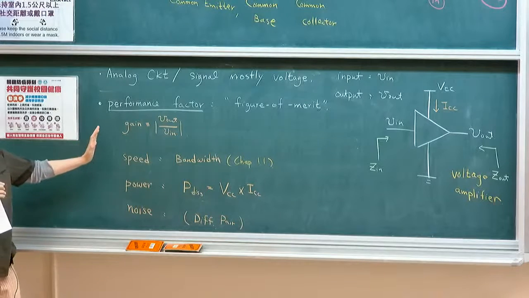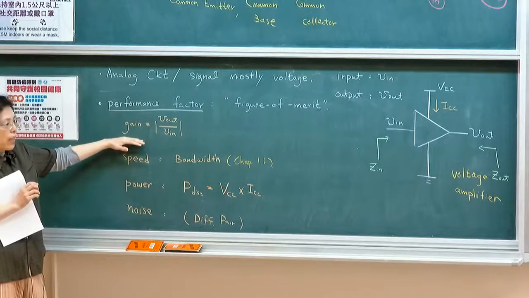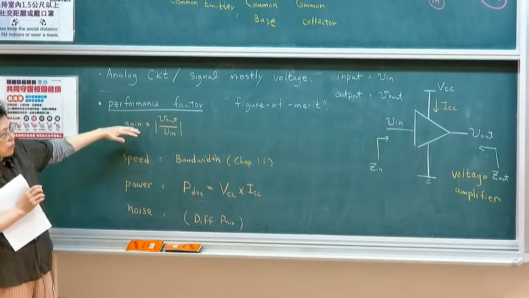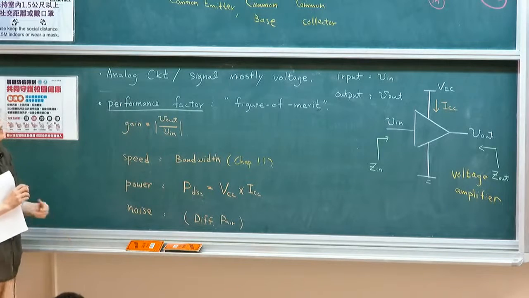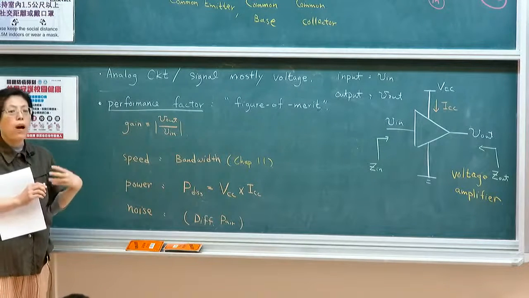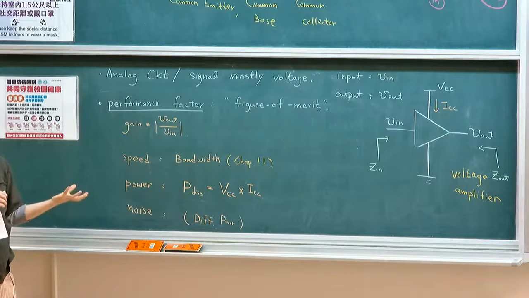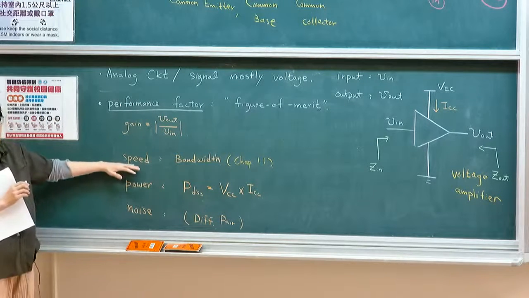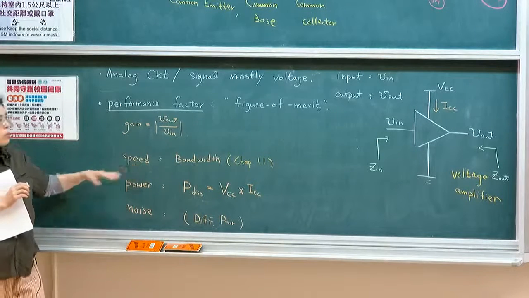One of the key important things, because it's a voltage amplifier, is of course amplification, the gain. How much gain does this amplifier provide? The next thing, of course, is speed. You want to make sure that it follows when I apply a certain amount of signal. We're not going to talk about this part until chapter 11, when we talk about frequency response.